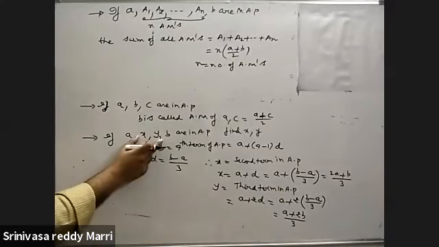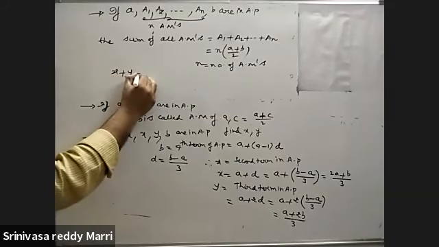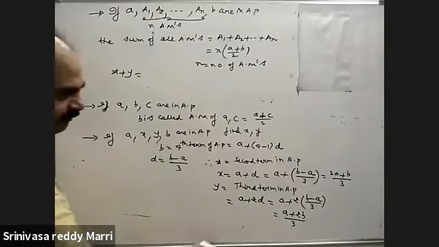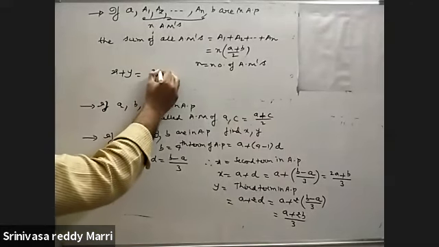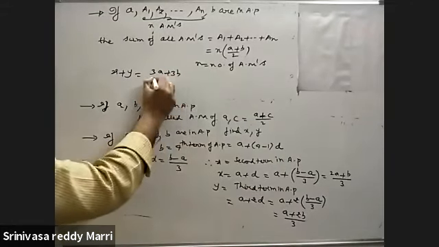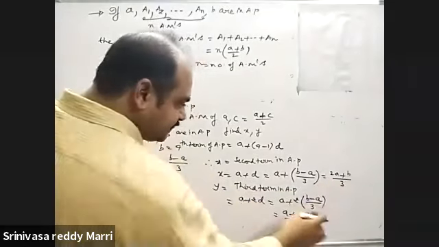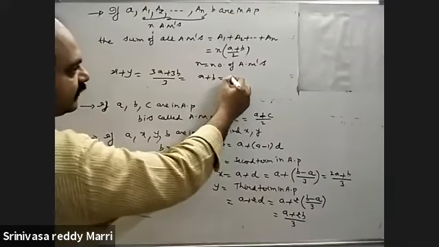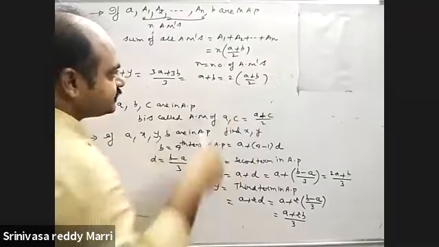Suppose in the previous example you look at X plus Y. In the previous example, two numbers are there. If you calculate the sum, what happens? This plus this, 3 is the LCM, (3A plus 3B) divided by 3. 2A plus A is 3A, B plus 2B is 3B. That means you got A plus B. You can write it like 2 into (A plus B) by 2.